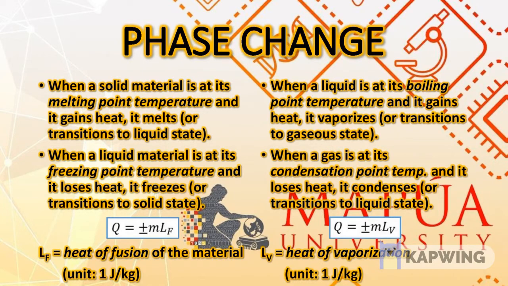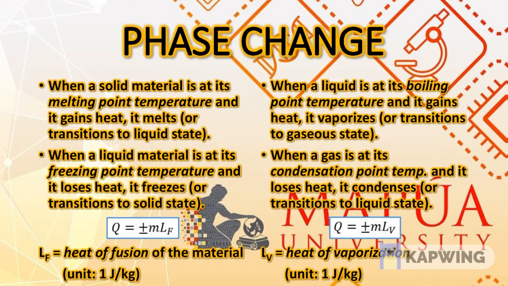When the gas is at its condensation point temperature and it loses heat energy, the object will condense, or transition from gaseous state to liquid state. For liquid to gas and gas to liquid transitions, you have the following equation.